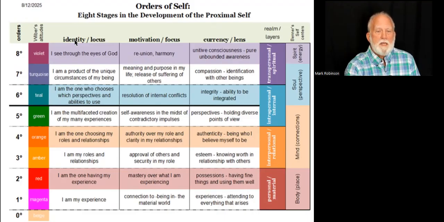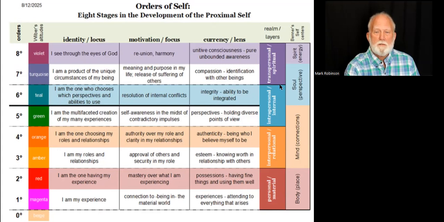So this is where I'm coming from, this is what I focus on, and this is what I'm looking through. And each of these move through a series of greater and greater complexity through these stages that we've already talked about: the personal, the material, or realms or layers or dimensions or domains.